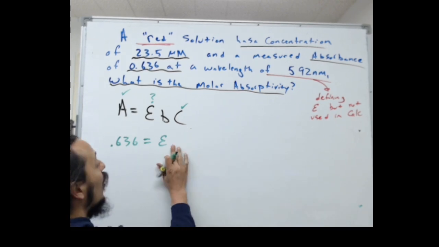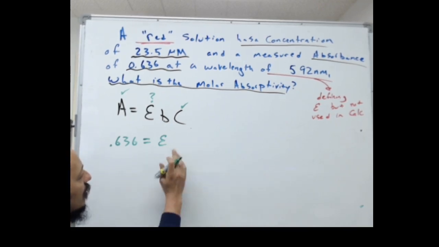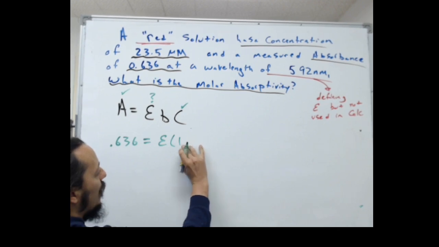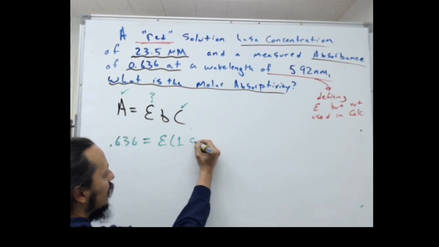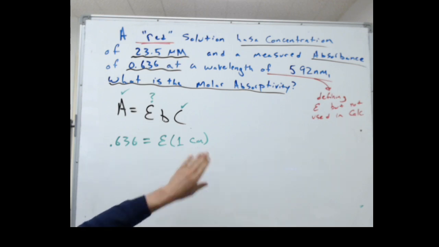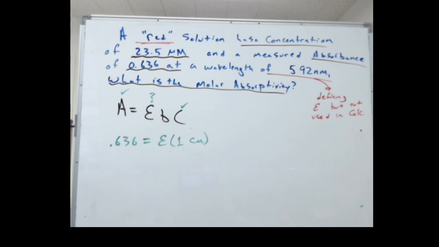For almost all of our calculations in this class, we can assume that the path length is going to be 1 centimeter. That's because we're almost always going to be using our standard cuvettes. On quizzes and exams, we should specify what the path length is, but if it's ever a question, you can ask, but it's most likely going to be 1 centimeter.